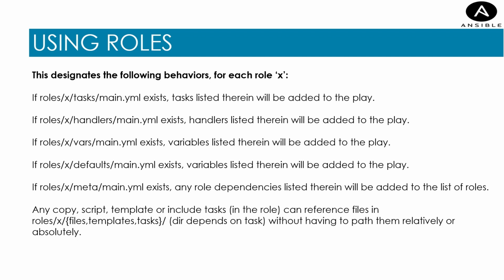If roles/X/vars/main.yml exists, the variables listed therein will be added to the play. Similarly, if roles/X/defaults/main.yml exists, the variables listed within will be added to the play. If roles/X/meta/main.yml exists, then the role dependencies listed within will be added to the list of roles. Any copy, script, template or include task in the role can refer to files in roles/X/files, templates and tasks.